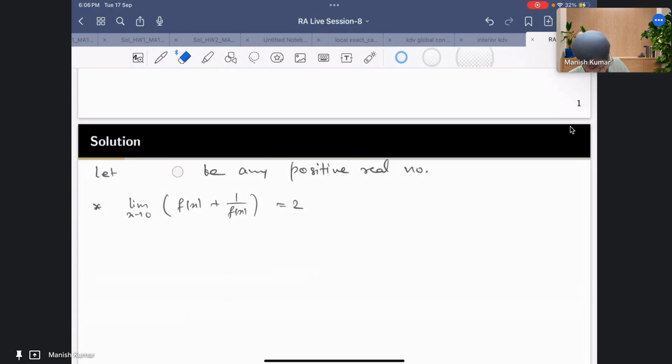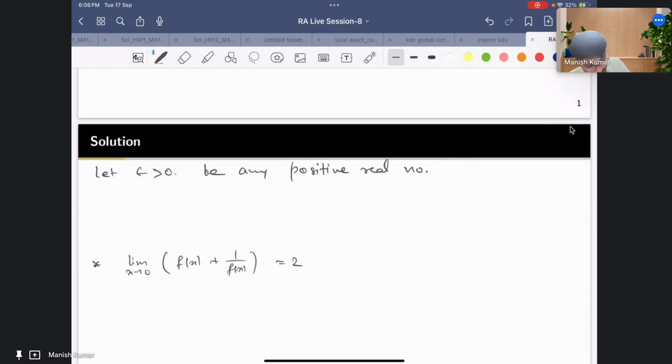And the goal would be to show that f of x minus 1 is less than epsilon if, I mean, there exists delta. I'll not write it completely, but you can understand that there exists some delta such that if my x belongs to this interval, satisfying this condition, then f(x) has to satisfy this condition.